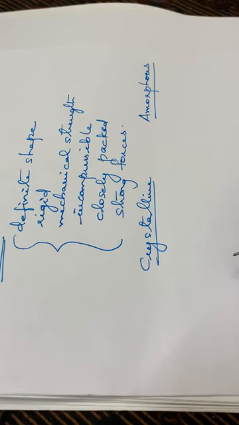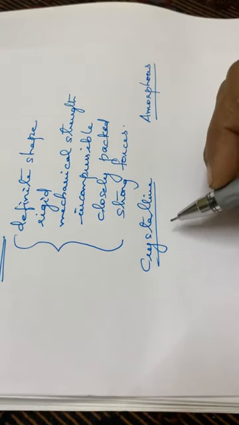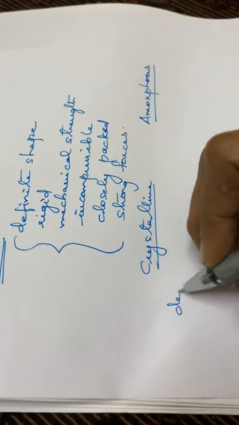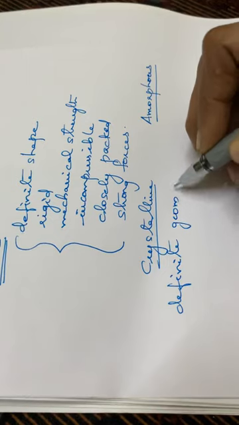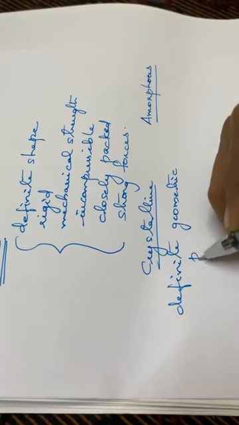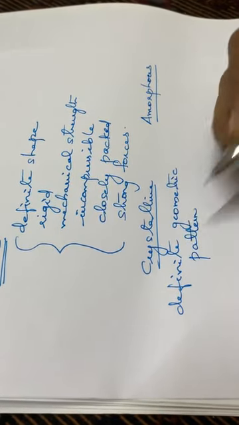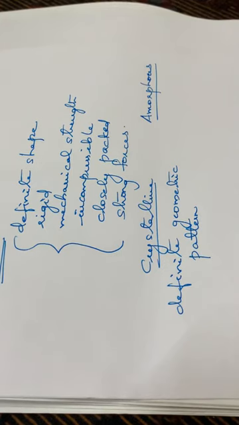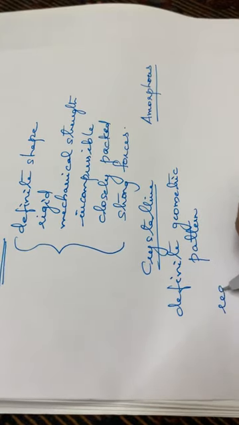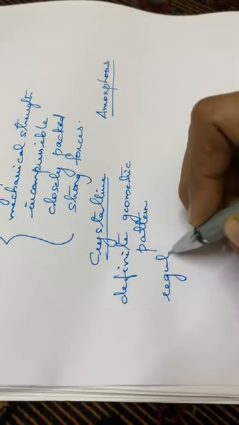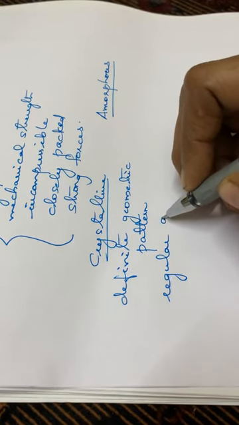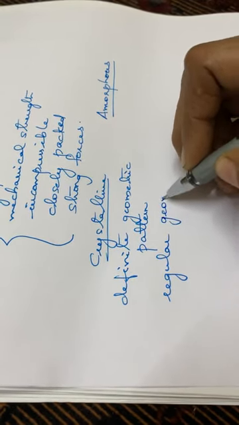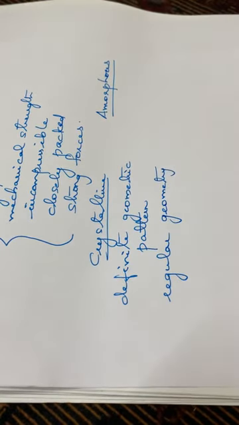Crystalline solids are those having a definite geometrical pattern. That means their arrangement is in a systematic manner, and they have a definite regular geometry. They will have a particular size or shape.